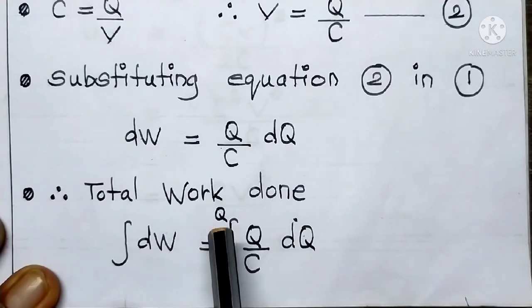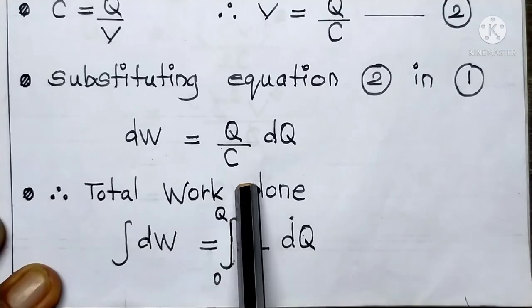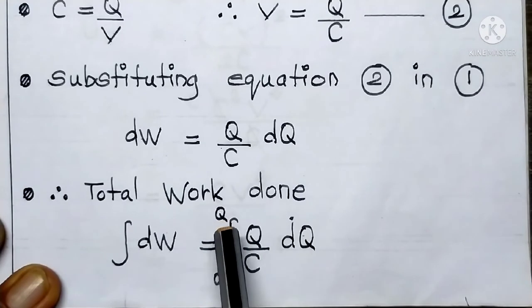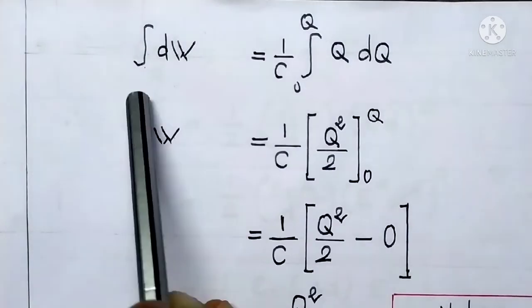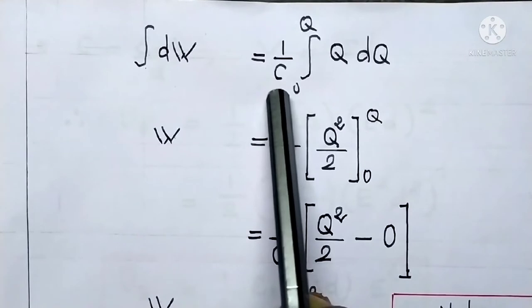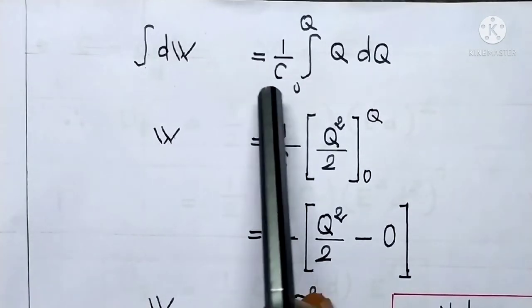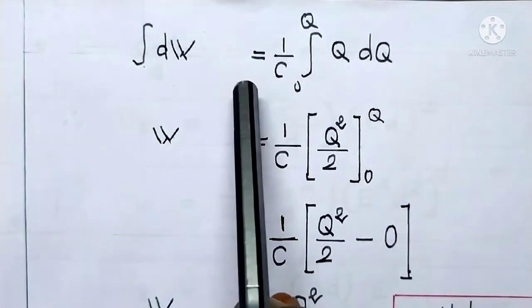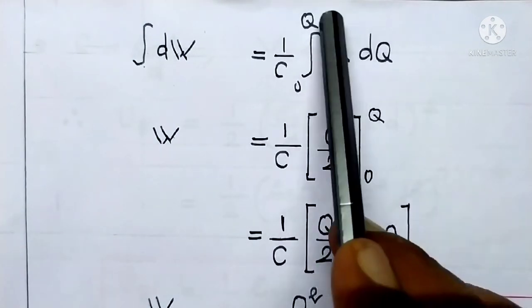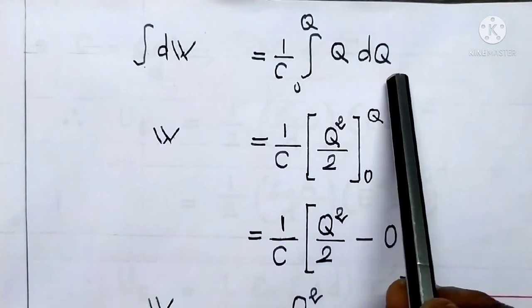After some time, some charge Q has been transferred, so the upper limit is taken as Q. Here, this 1 by C is taken out because C, the capacitance, is constant. So, integration of dW is equal to 1 by C, integration of Q dQ.